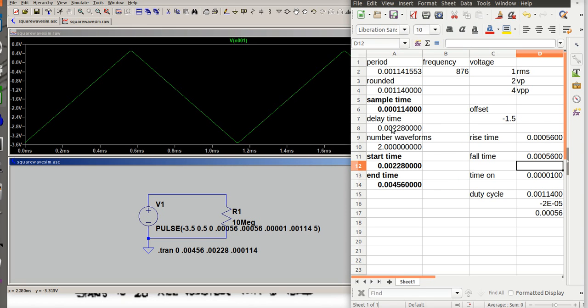And for transient analysis, you got to come up with your sample time or max time between steps, they call it, the start time for keeping data, and the end time. So all that changes if you change the frequency and for every waveform. But if you'll do that, you can get consistent results. You can basically simulate any waveform that you can be given. And that is the purpose.